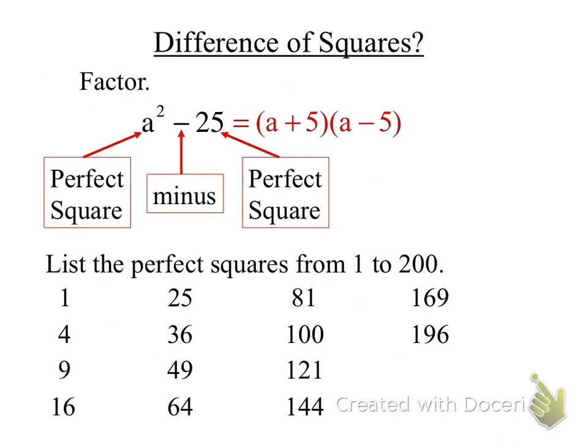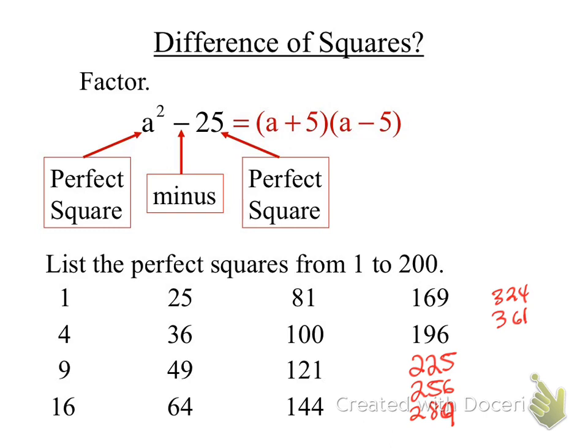I want yours memorized through 25 squared because this is going to be a time saver. 16 squared is 256. 17 squared is 289. 18 squared is 324.